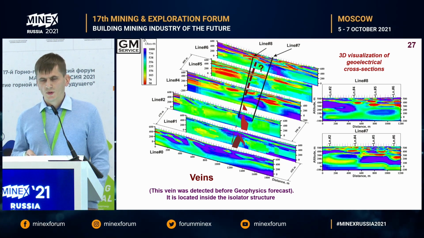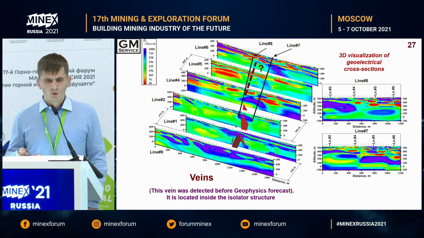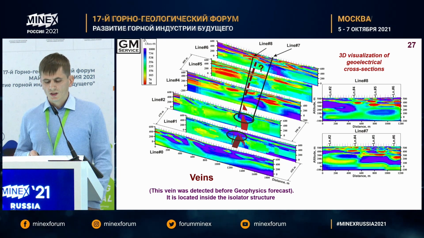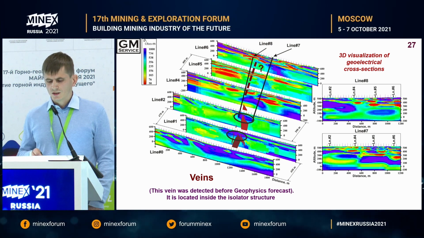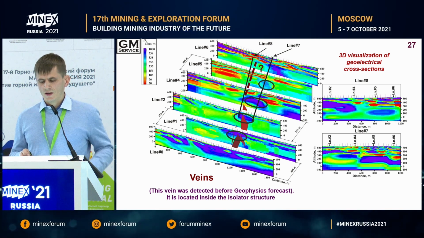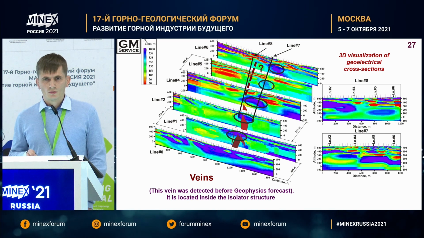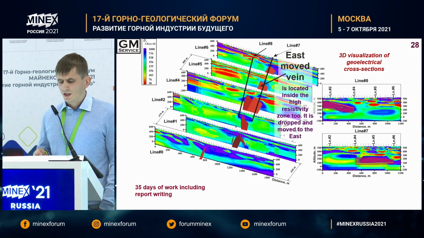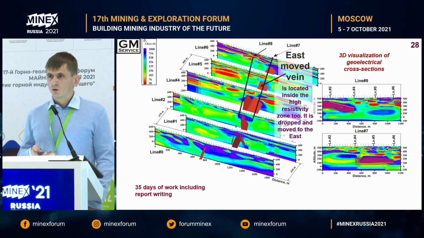And we thought that veins were positioned from north to south. However, we couldn't find the veins, but then we found out that this is the zone of the isolator, and it was actually shifted 120 meters to the east.